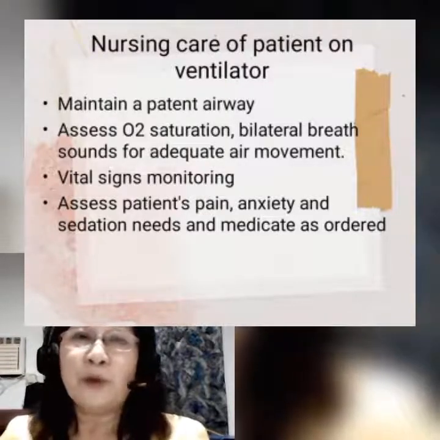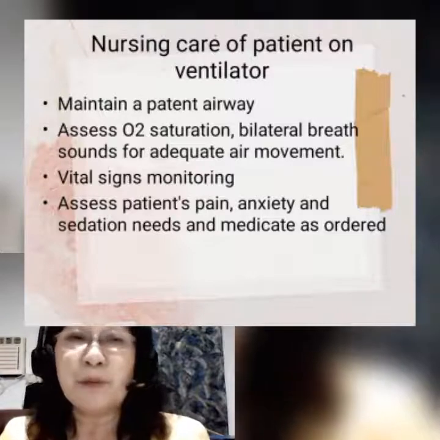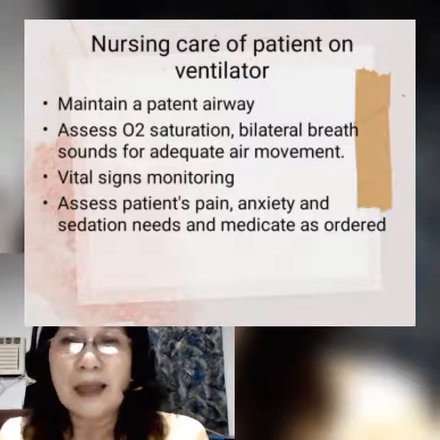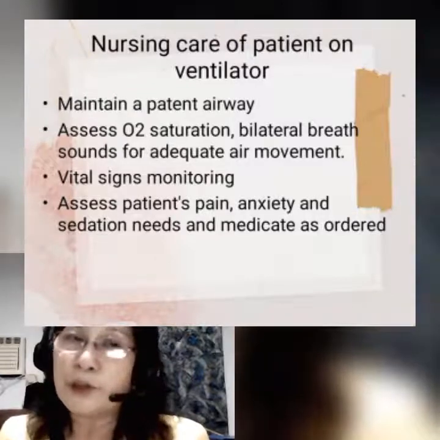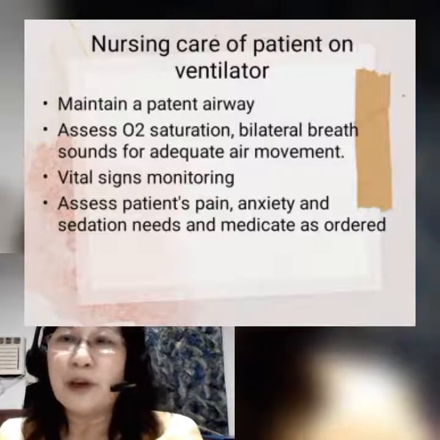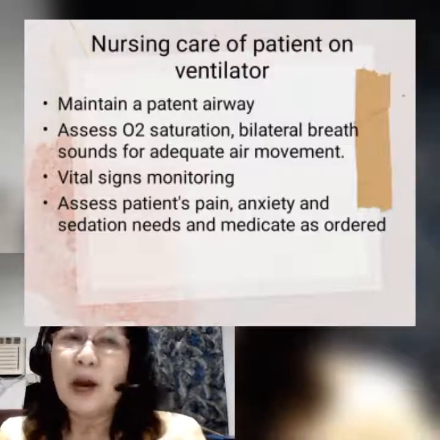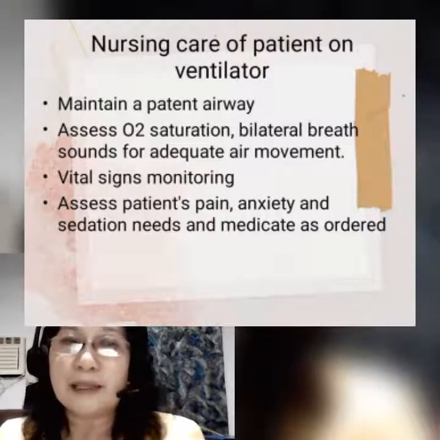Before you proceed with your nursing interventions, it is very important to auscultate the lungs of the patient and observe for bilateral breath sounds, meaning your tube is intact and you are on the right track while giving nursing care to the patients.